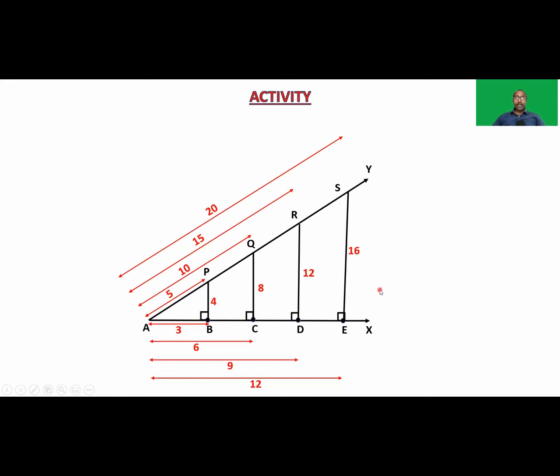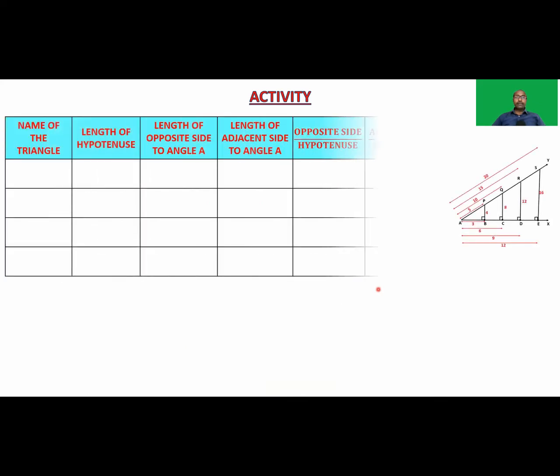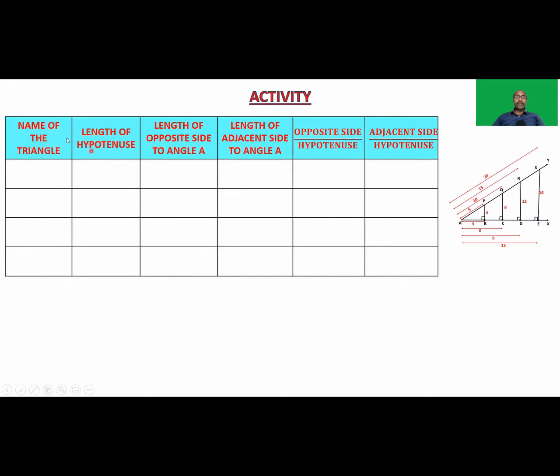Now, take the table like this: name of the triangle, length of hypotenuse, length of opposite side to angle A, length of adjacent side to angle A, opposite side by hypotenuse, adjacent side by hypotenuse.